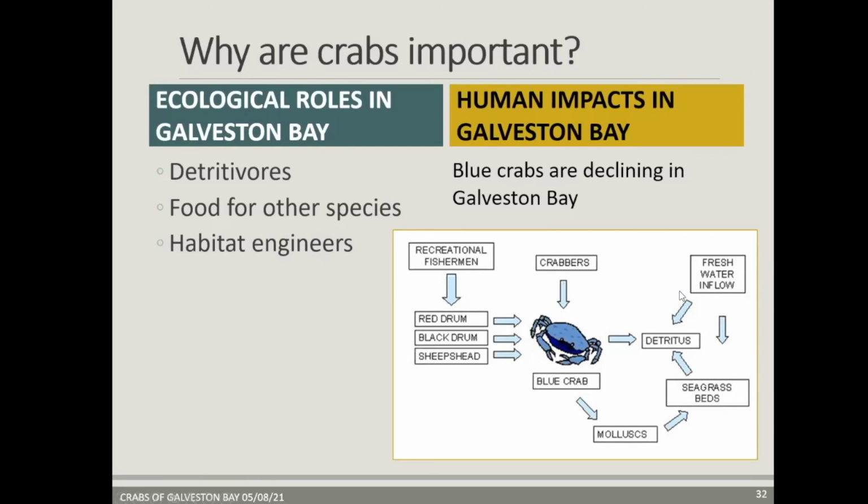But I think most people, Texas Parks and Wildlife, believe that it is the decline in freshwater inflow that has the most serious impact on the blue crab, because there's not as much food out there for these crabs. So we can't eliminate overfishing, and I've heard stories, I think these are true, that most of Maryland crabs come from Texas or from the Gulf. So they could be overfished.